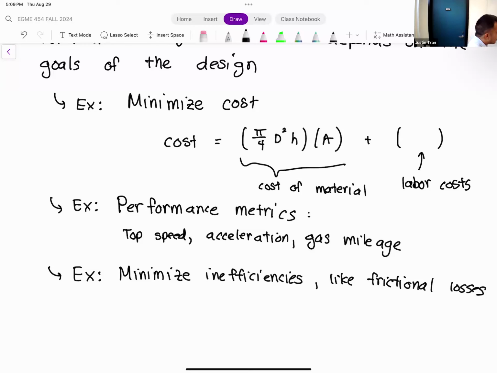You want to minimize the inefficiencies or maximize the efficiencies. Okay? And there's dozens more, right? There are a lot more metrics. Maybe you want to maximize power output, things like that. So the objective function, I think, is really the encapsulation or the representation of what you hope to achieve with your engineering design.